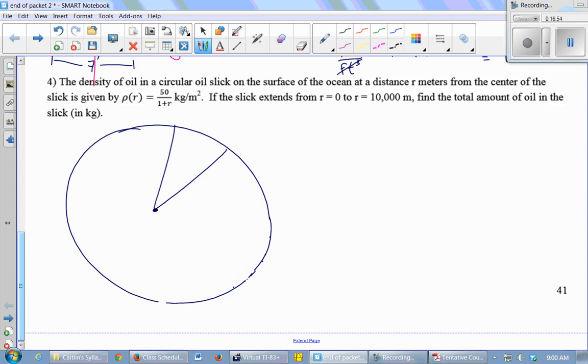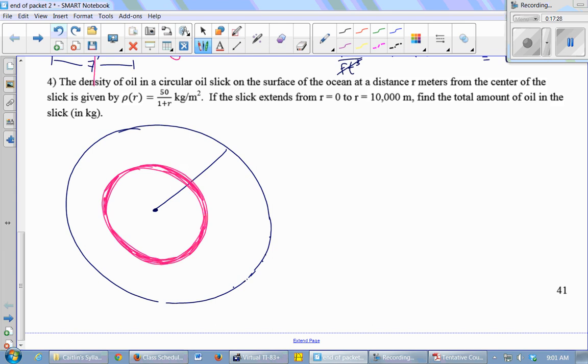So the density on this slice is the same all the way out? Concentric circles, yeah. Yeah, so if I make a little concentric circle like right here, very, very thin thickness, all along this little ring, the density would be approximately the same because all around here is approximately the same distance from the center of the spill.